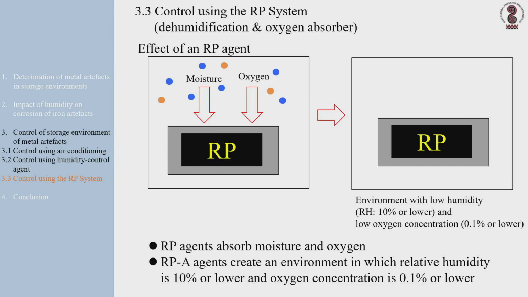Lastly, I will briefly introduce you to the RP system. RP agents absorb moisture and oxygen. By using RP agents, you can create an environment with a relative humidity of 10% or lower and an oxygen concentration of 0.1% or lower.